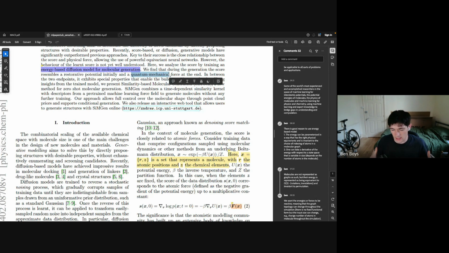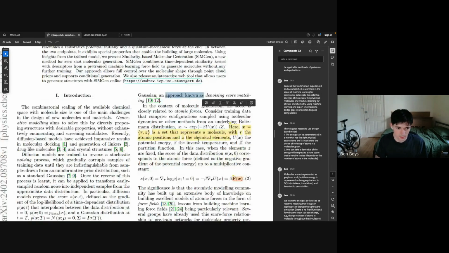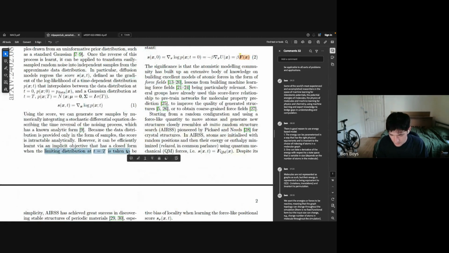And so what that looks like is the restoring potential, because if you've got a pure noise distribution at the limiting distribution, then this potential is going to be quadratic, and it's like simple harmonic motion. It's just going to find the equilibrium of that distribution, which restores it towards the origin somehow.